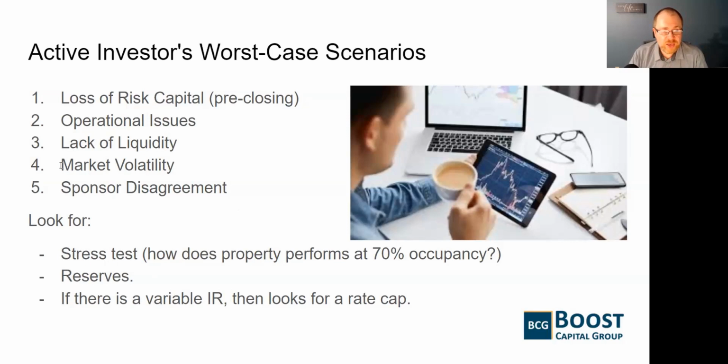Worst case scenario, market volatility, in other words, being in adverse market conditions. I think 2 or 3 weeks ago I showed the cap rate chart, which was doing a kind of V shape.